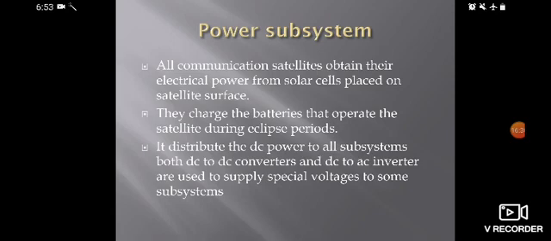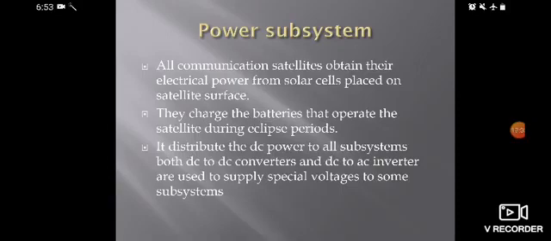Both DC to DC converters and DC to AC inverters are used to supply special voltages to some subsystems present in our communication satellite. So the power system has three parts: chargers and batteries, regulators, protection and conditioning circuits, and the third one is the DC to DC converter and DC to AC inverter.